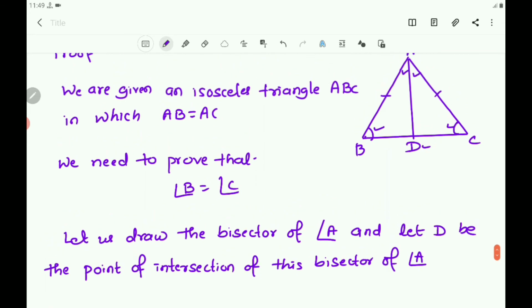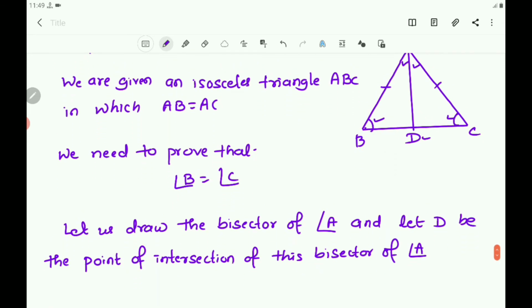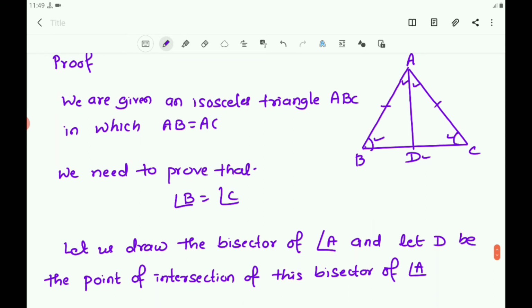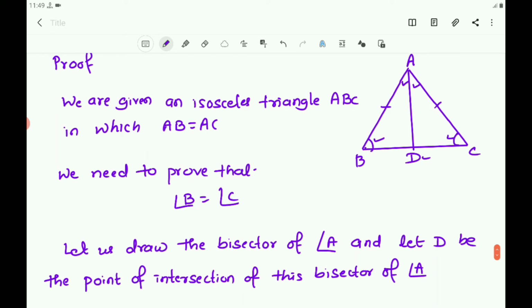AD is the angle bisector of A. So here we have drawn the bisector of angle A, and D is the point of intersection of this bisector.